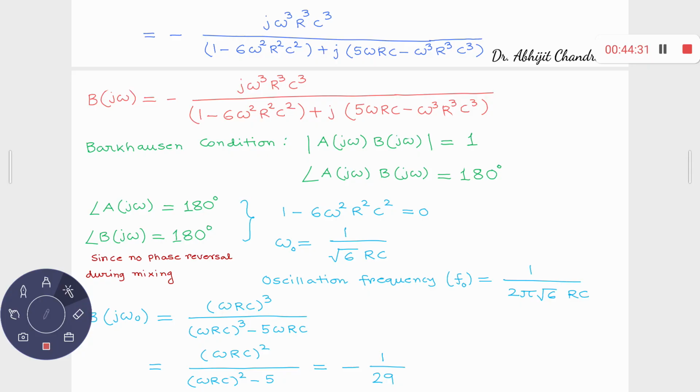Right? Actually, if I consider this one, I should not write it as 180. This should be 360. If I consider A(jω)B(jω) with no phase difference, in that case if I write 360 degree, that means there is no negative feedback assumed.